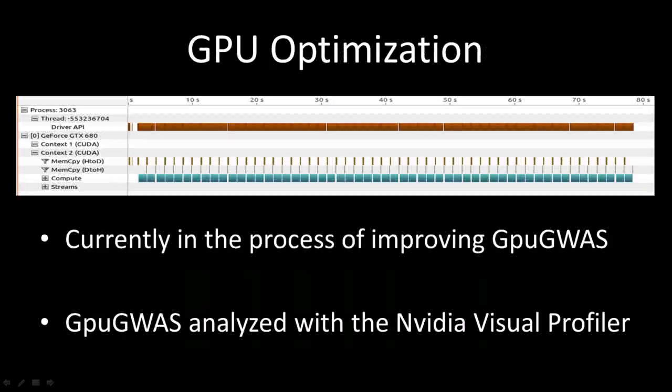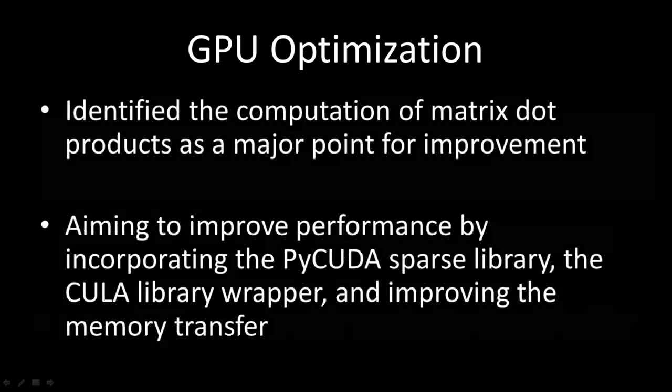We're currently in the process of improving GPU GWAS. The first step that was taken was to analyze the program with NVIDIA's visual profiler. The blue components indicate GPU computation.